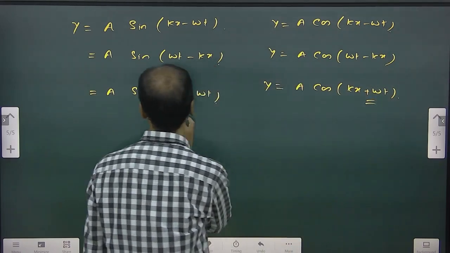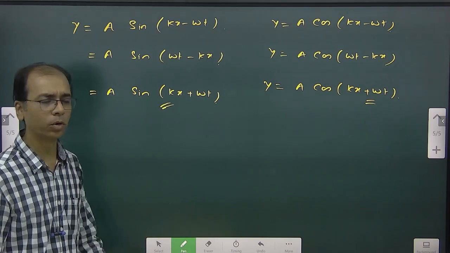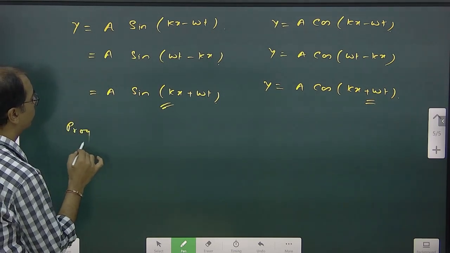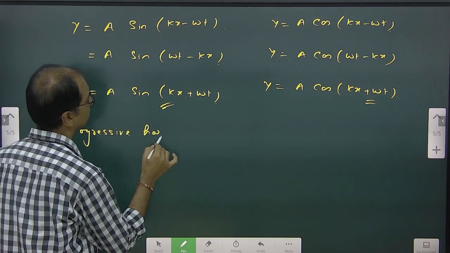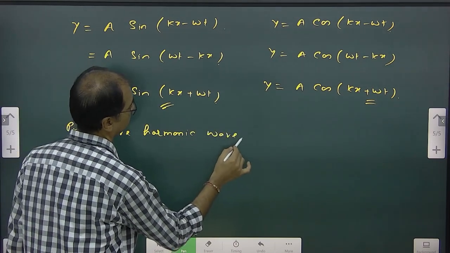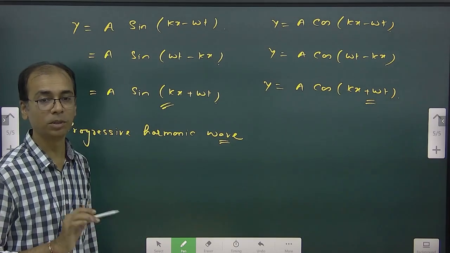Is there any way to find whether the particular thing is a wave or not? These are plane progressive harmonic waves. And this is what we have in our syllabus. But it doesn't mean that other questions cannot be asked from you, because these are the basic concepts.